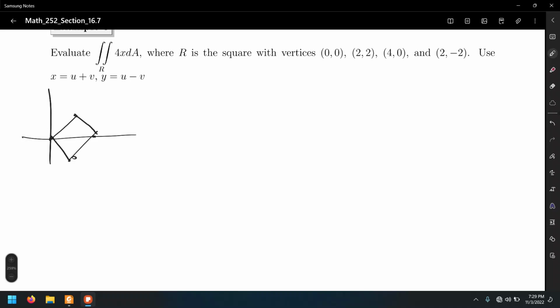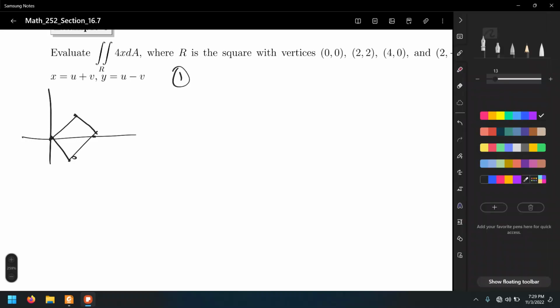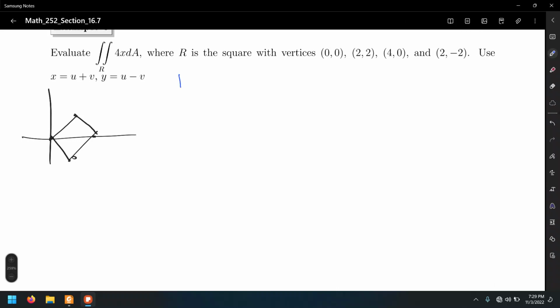That's our region. So number 1, use the substitutions. For the substitutions, we got x equals u plus v and y equals u minus v.